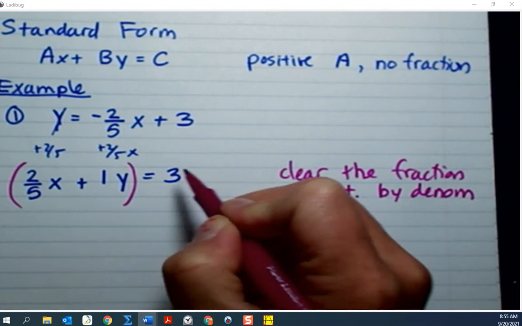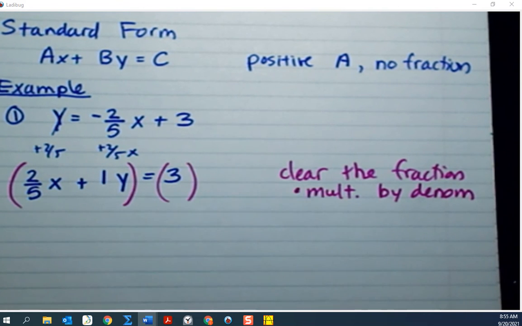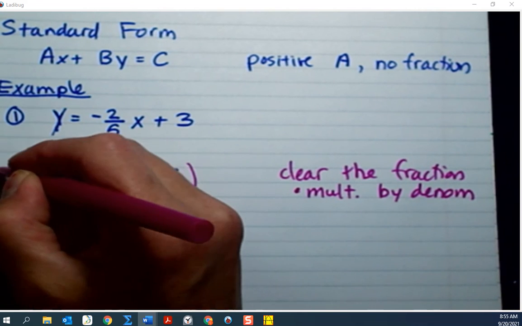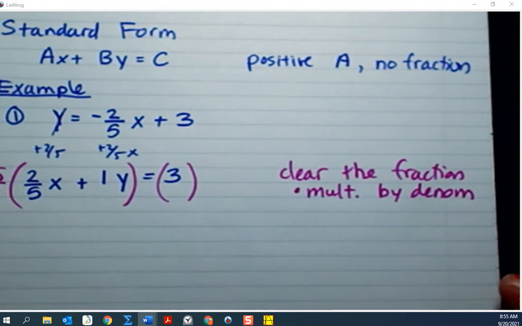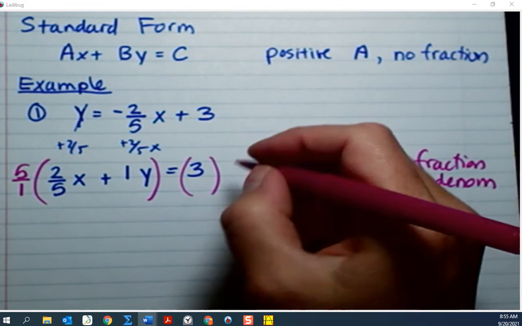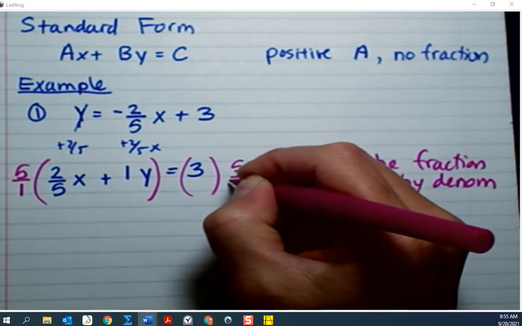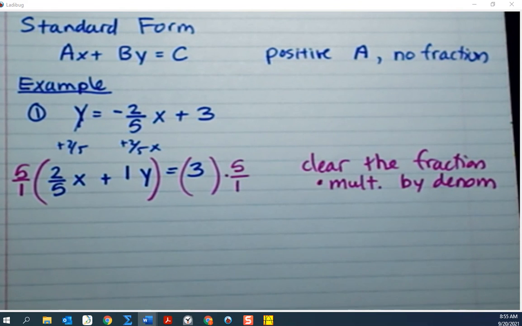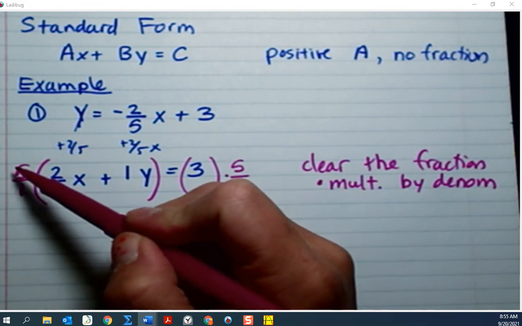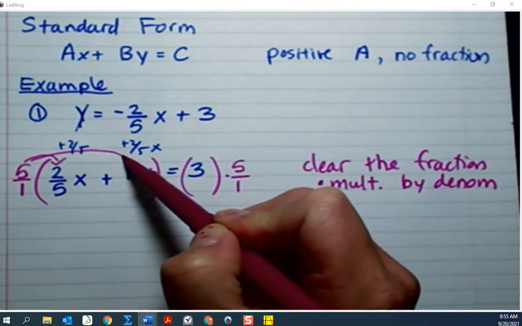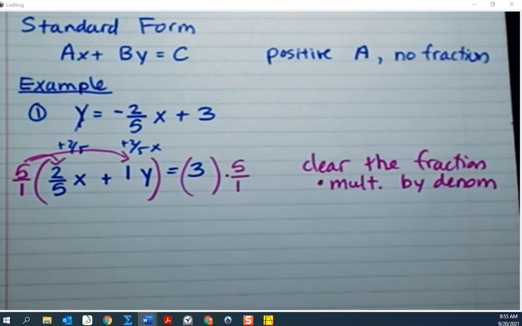Now, when you multiply, you're multiplying the entirety of the left side of the equation by, I'm just going to say, 5/1, on both sides. The reason I put the grouping symbols there is I want you to see that it's going to be distributed on the left side because it's got more than one piece there.